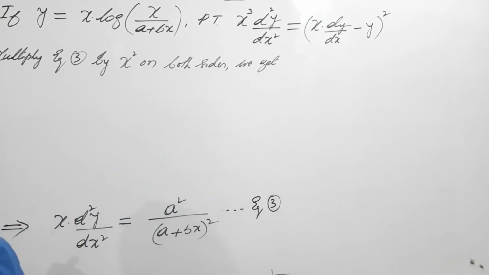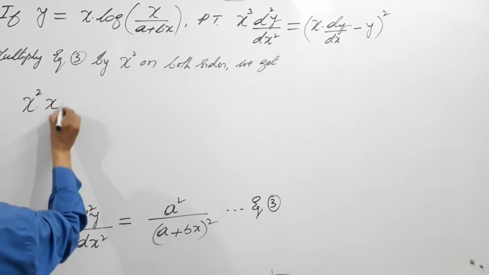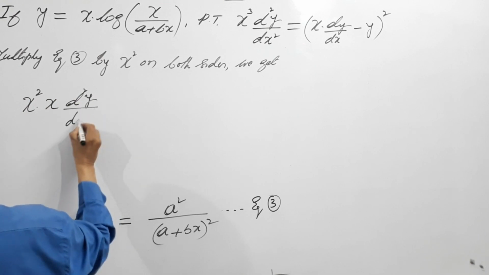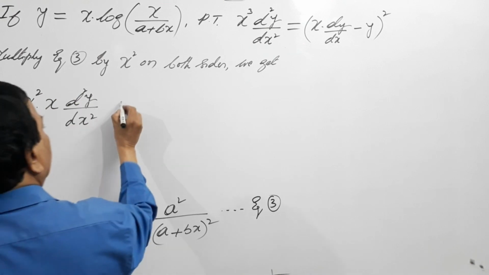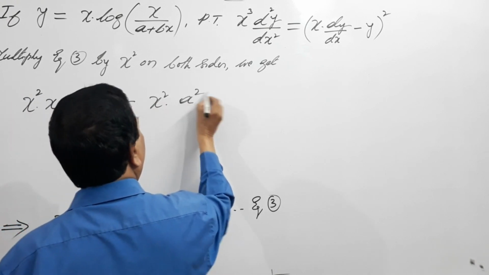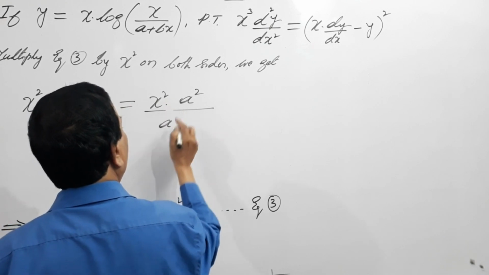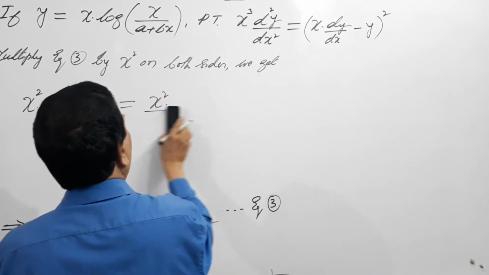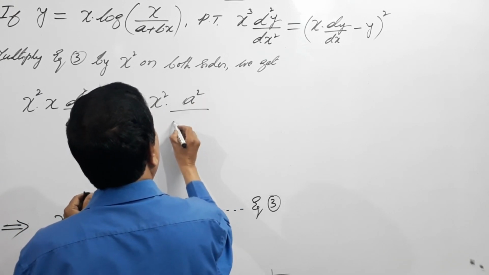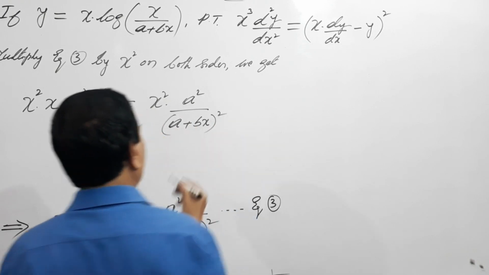If you multiply x square, it becomes x square into x d square y by dx square equals x square into a square by a plus bx the whole square.